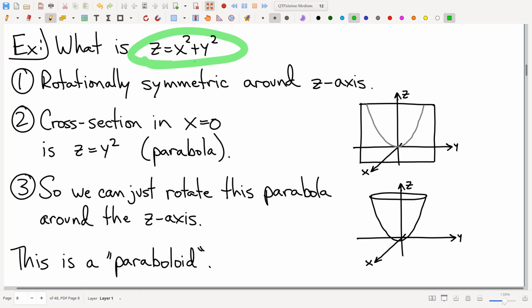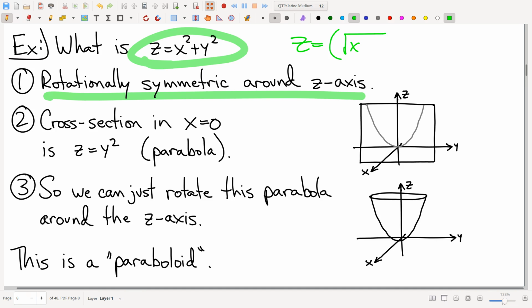So here we go. Step 1. This is rotationally symmetric. Look at the x's and y's. There are no x's and y's anywhere in that equation other than as part of the special form. And just keep in mind, by the way, I could rewrite it if you don't like it as I've written it. I can rewrite this as z equals the square root of x squared plus y squared, quantity squared.